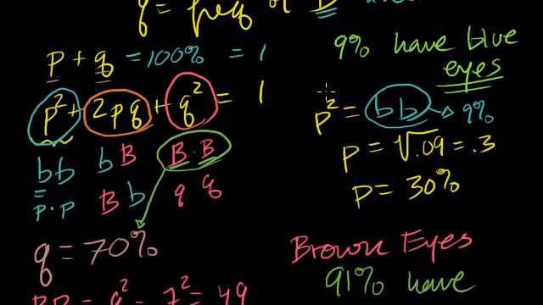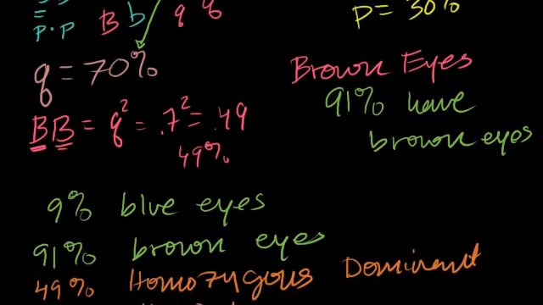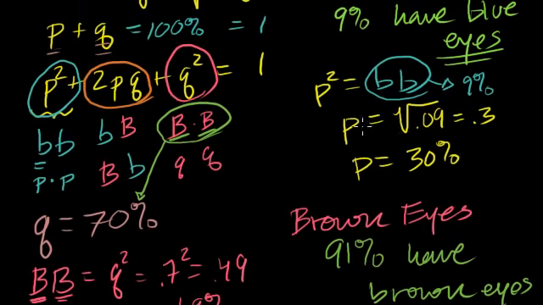You can see what percentage of the population has that disease. But then doing the math that we just did in this video, you can figure out what percentage of the population have the allele for the disease, they're carriers, but they don't actually show it, and that would be the hybrids right there. So this is actually a pretty powerful tool you've just learned.